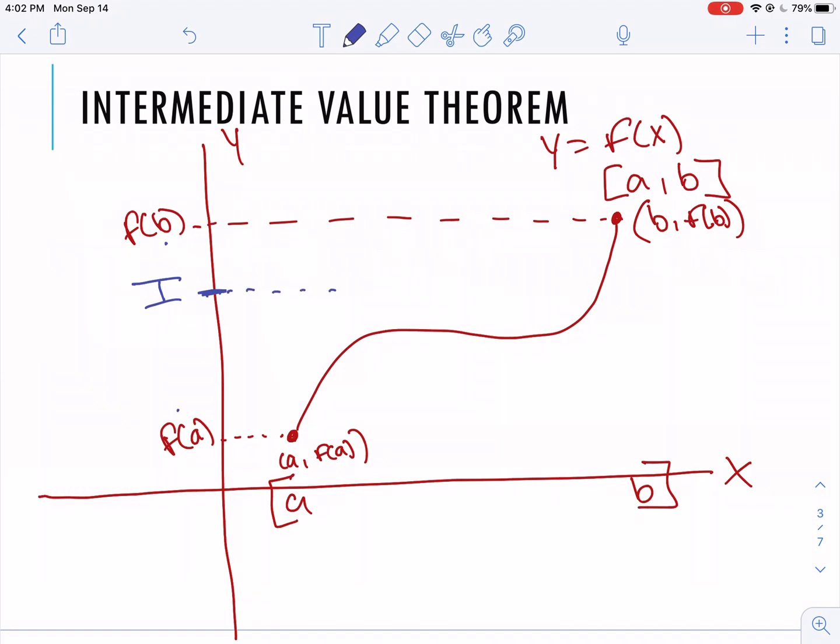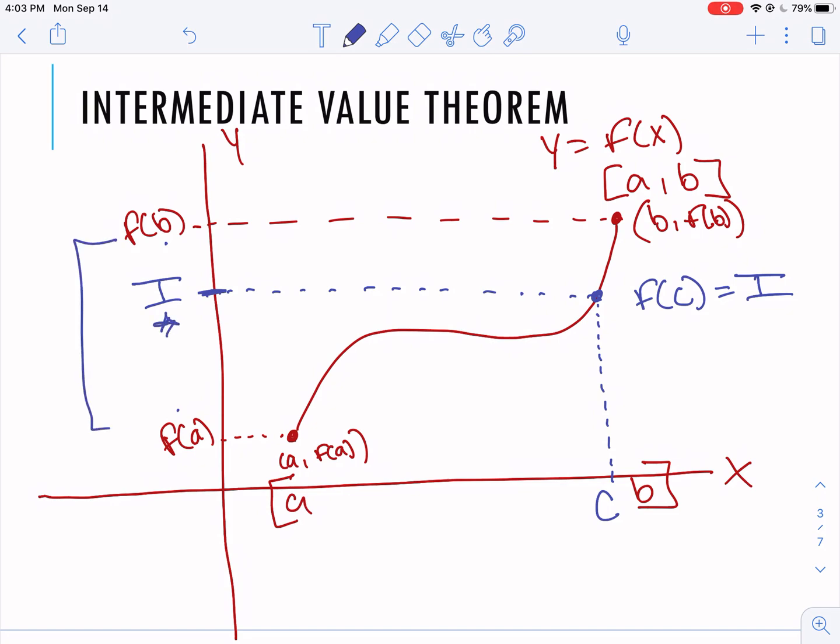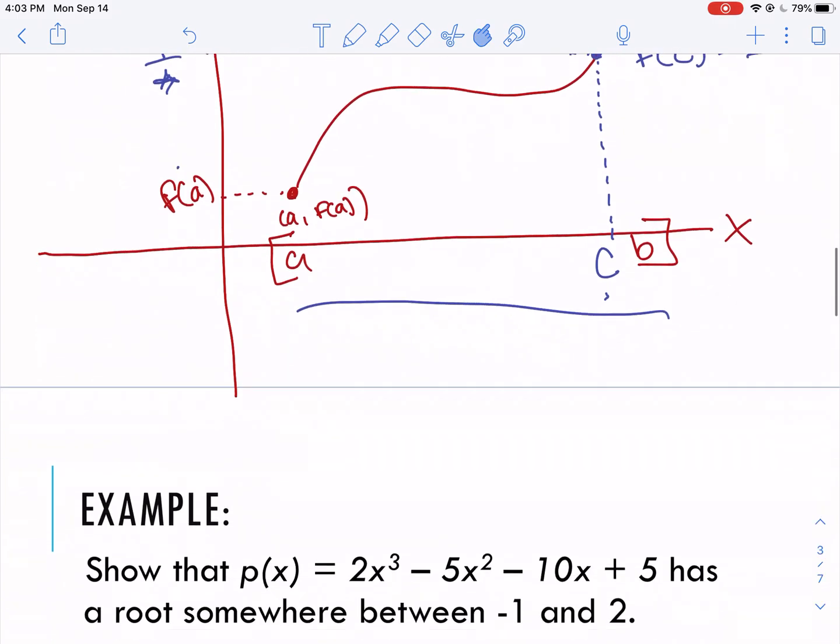At some point where this I value is on the function, there then has to be some value c, some x value, in my interval from a to b, such that if I input c into my function, I get this value I. So what the intermediate value theorem states is that if I have some y value in between the ends of the interval I am looking at, then there has to be some x value c that lies in that interval, as long as it is a continuous function.